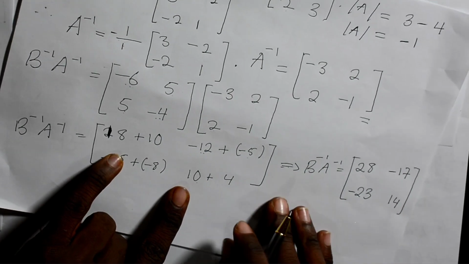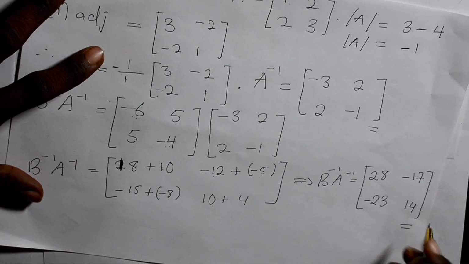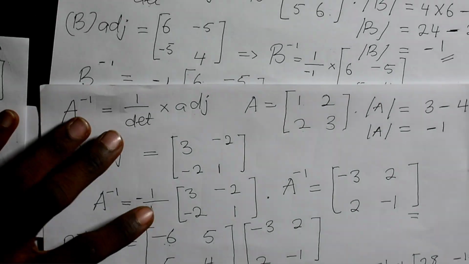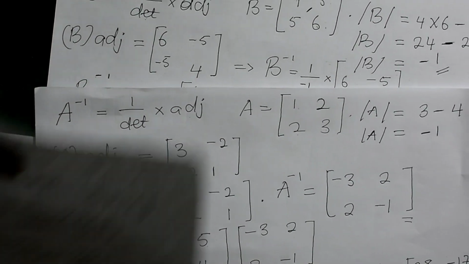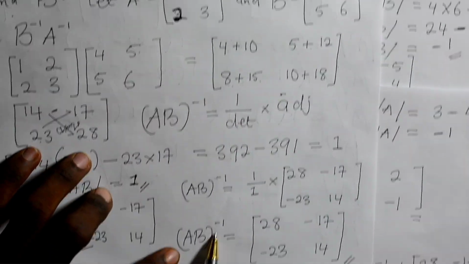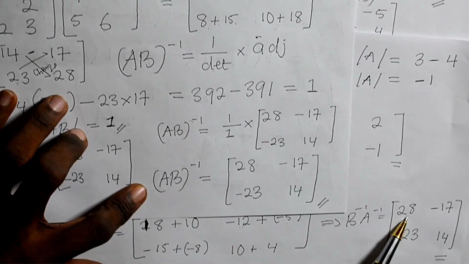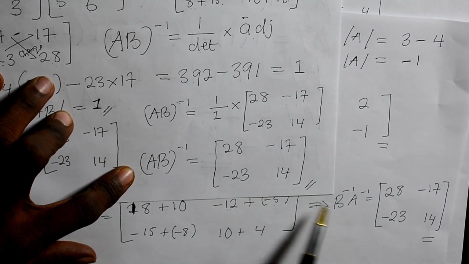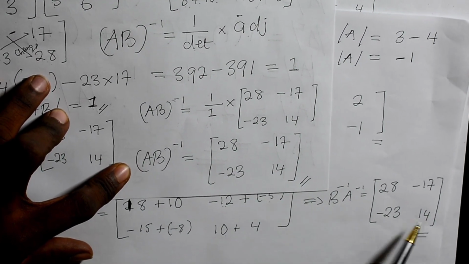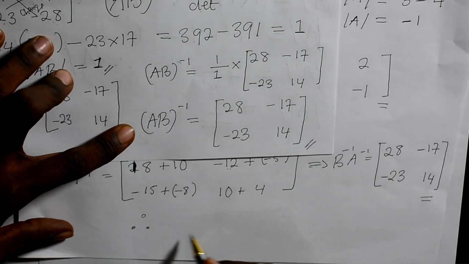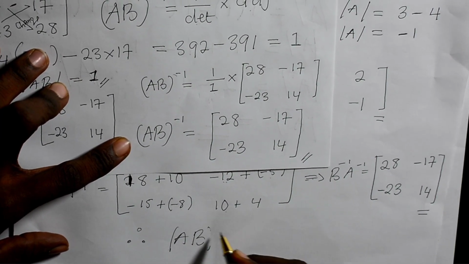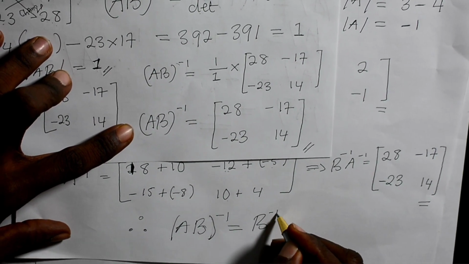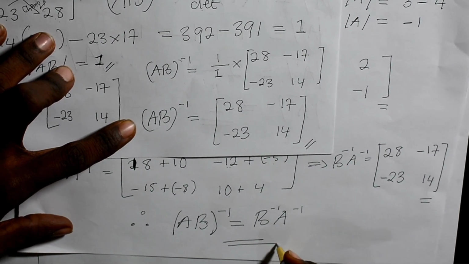So now let's check whether AB inverse is equal to B inverse A inverse. AB inverse is 28, minus 17, minus 23, 14. Wow, this is really nice and correct. That is, AB inverse is equal to B inverse A inverse. Correct.